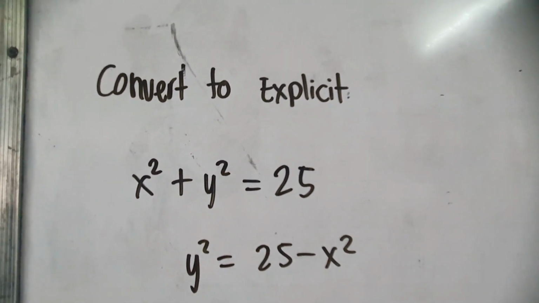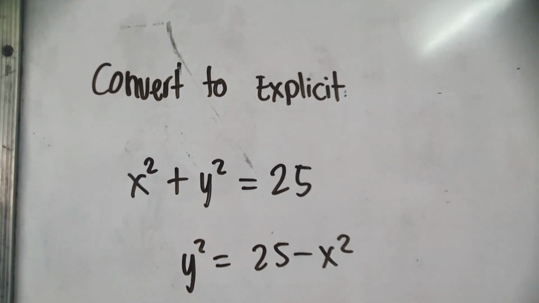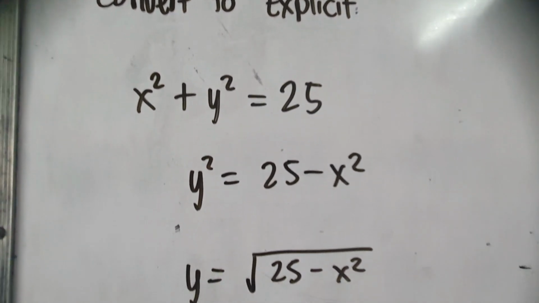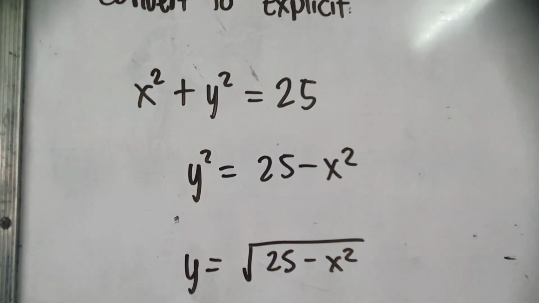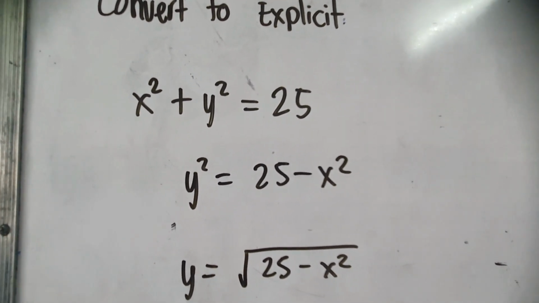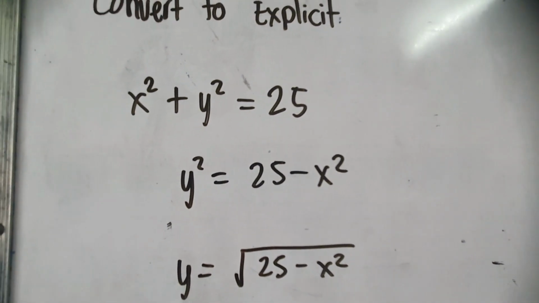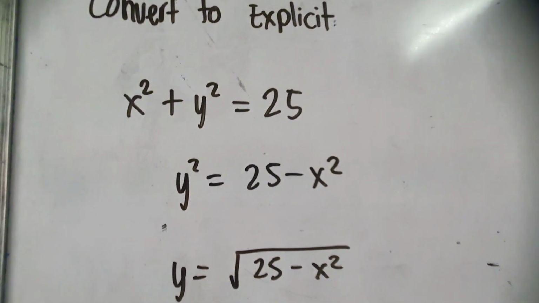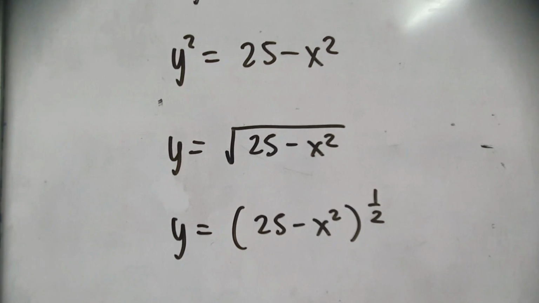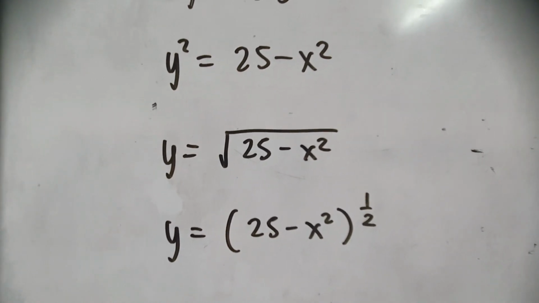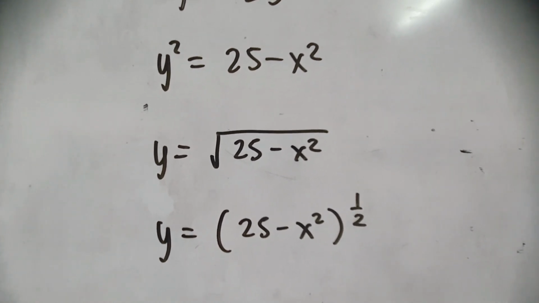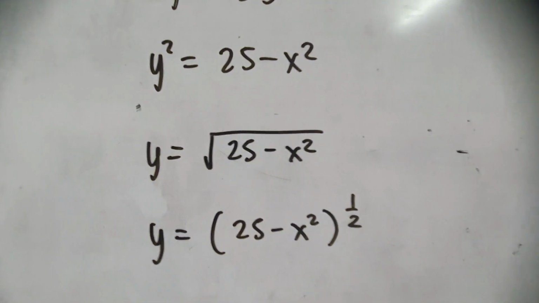So we have y squared equals 25 minus x squared. Taking the square root on both sides, y is the square root of 25 minus x squared. And rewriting the square root, that is y as quantity 25 minus x squared, raised to the power of 1/2.